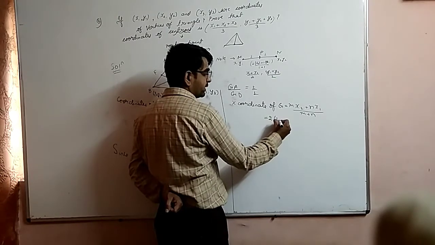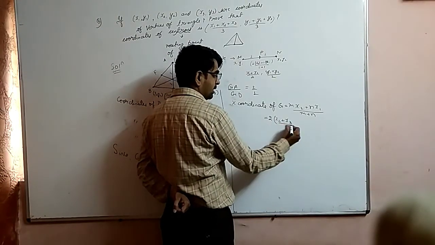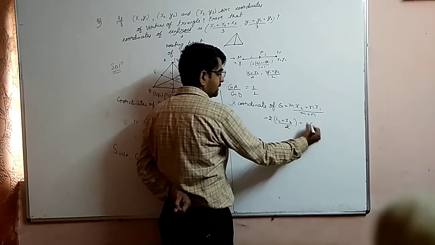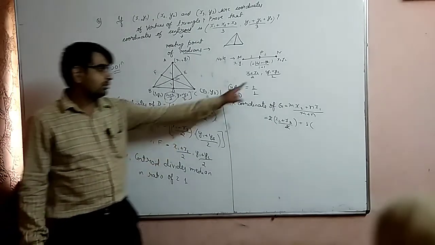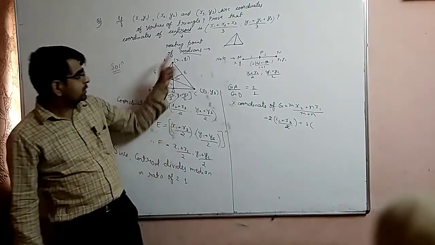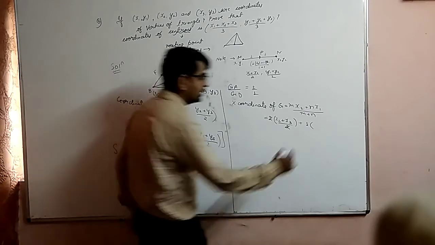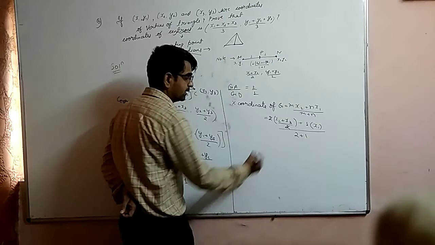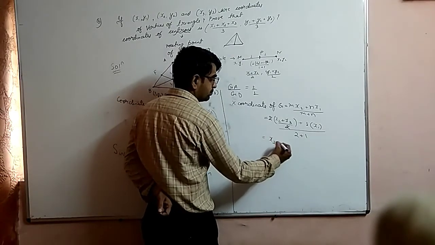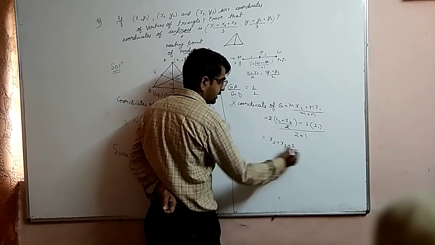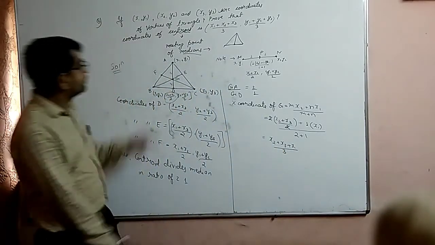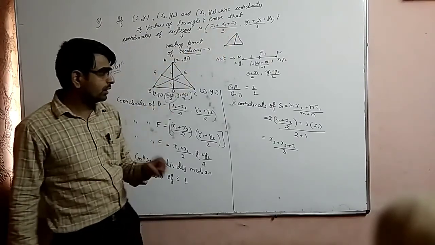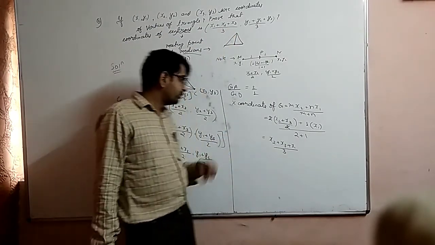This 2 gets cancelled. Now the value of n is 1, and instead of x1 we have x1 only. The denominator is m plus n, 2 plus 1. What we get is x2 plus x3 plus x1 by 3. So x1 plus x2 plus x3 by 3. So the x coordinate we have proved.